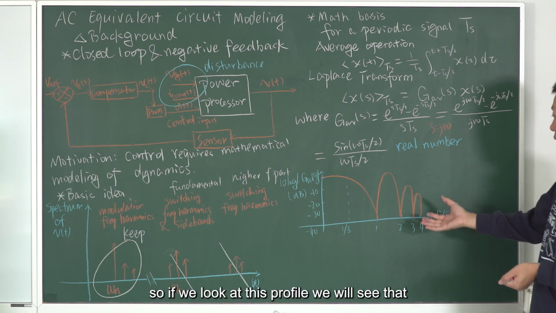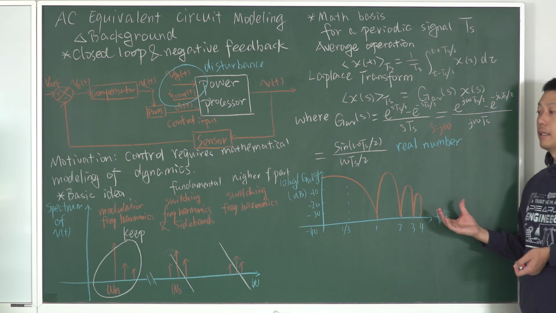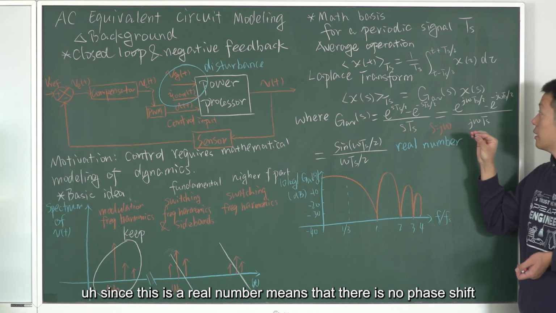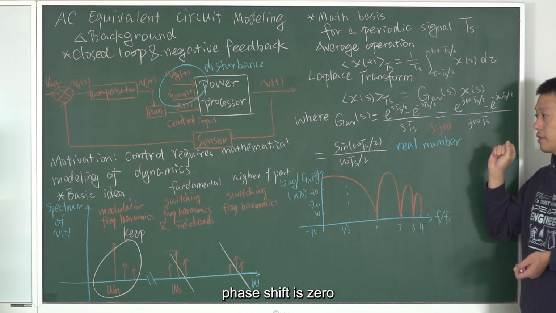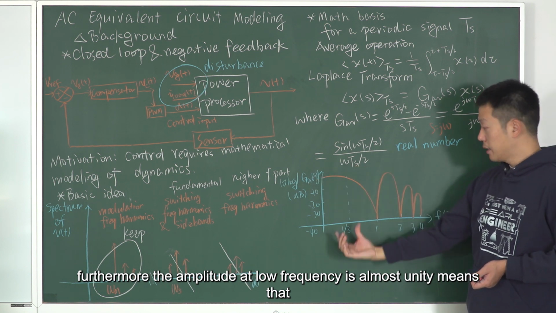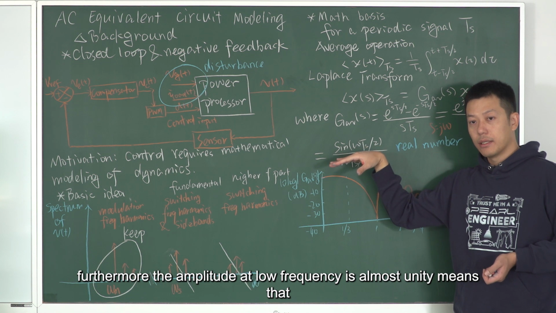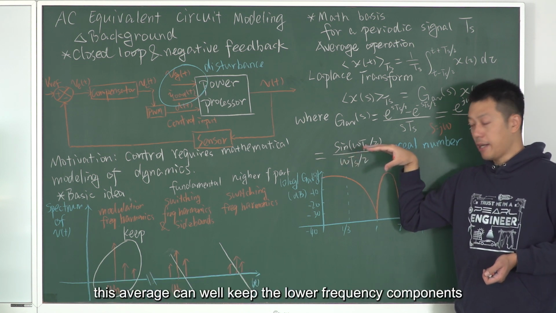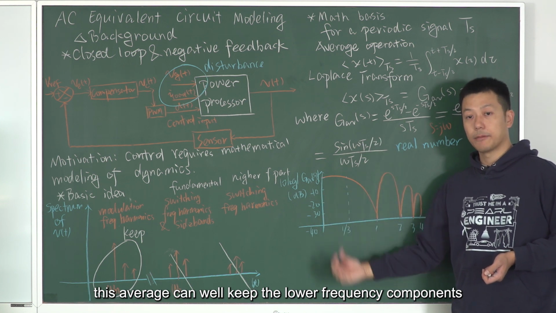If we look at this profile, since this is a real number, there is no phase shift; the phase shift is 0. Furthermore, the amplitude at low frequency is almost unity, meaning that this average will keep the lower frequency components.